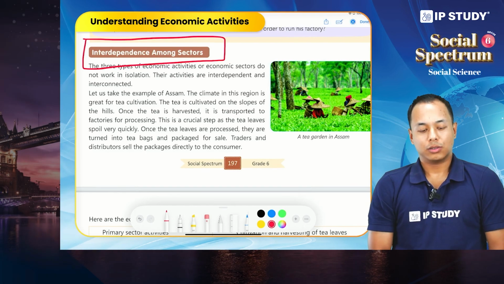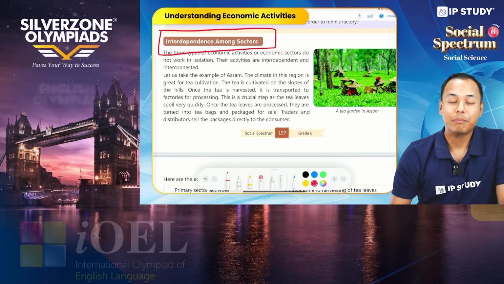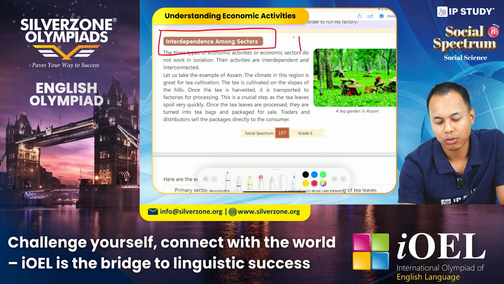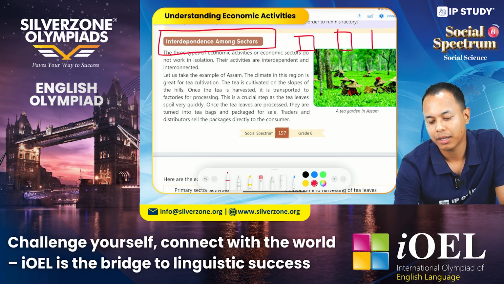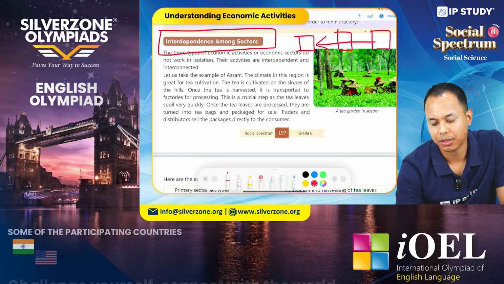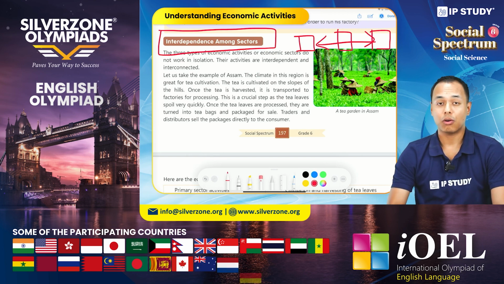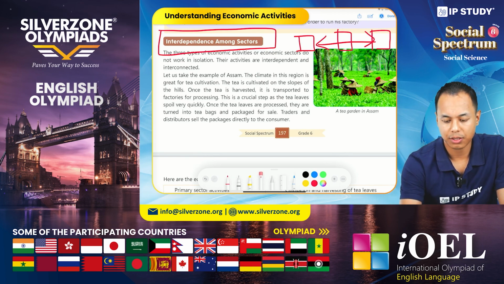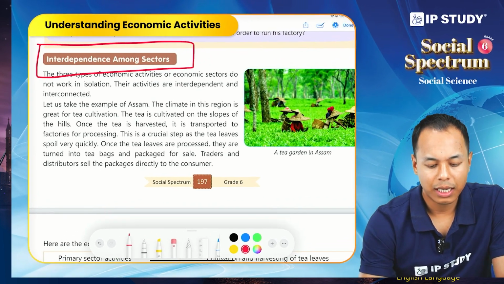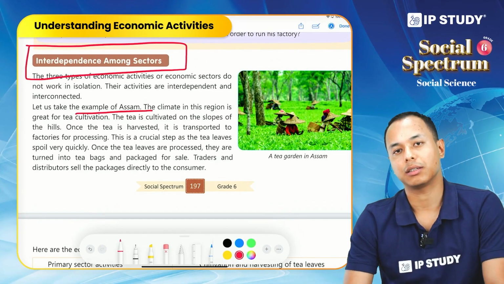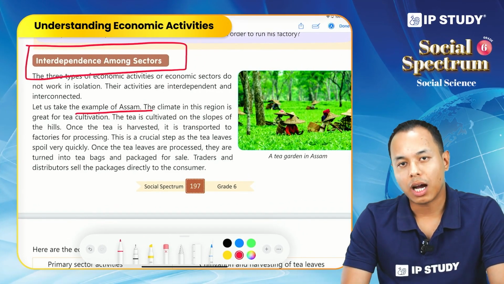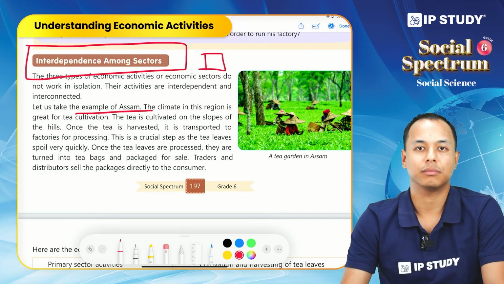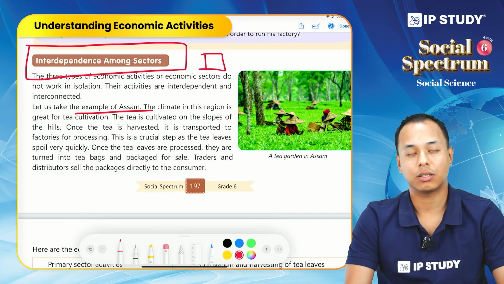So what do we understand by interdependence among sectors? We should understand that these three sectors do not work in isolation. They are not isolated but interconnected and interdependent with each other. Let us take the example of tea cultivation in Assam. Tea is cultivated on the slopes, in the hills of Assam.